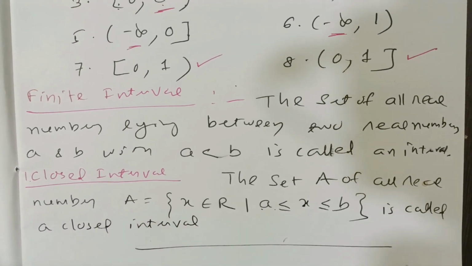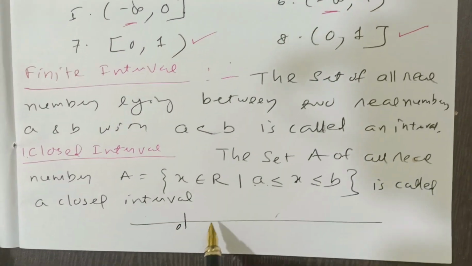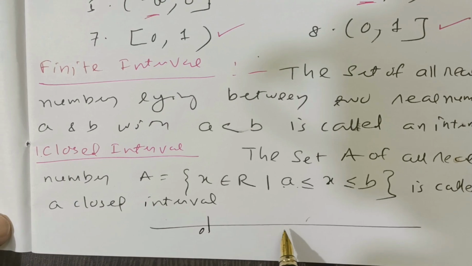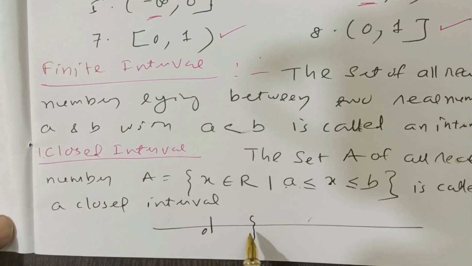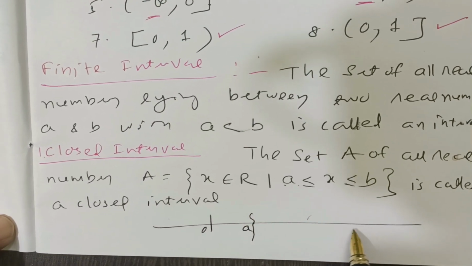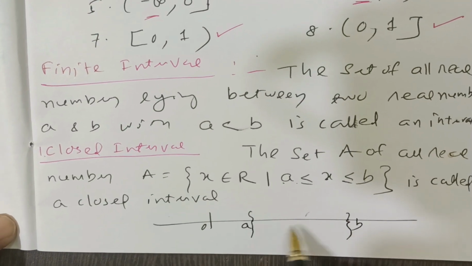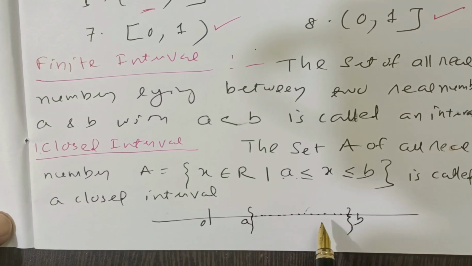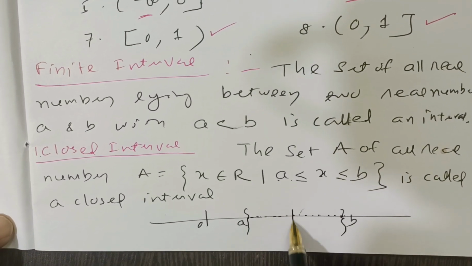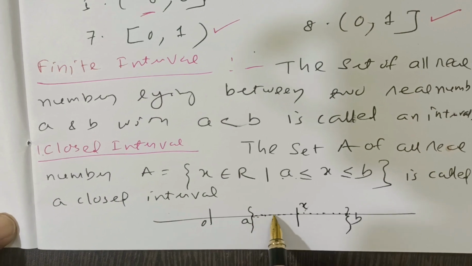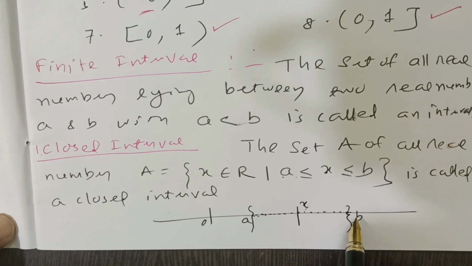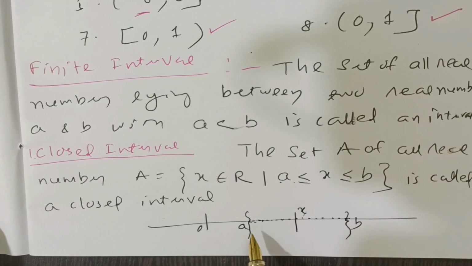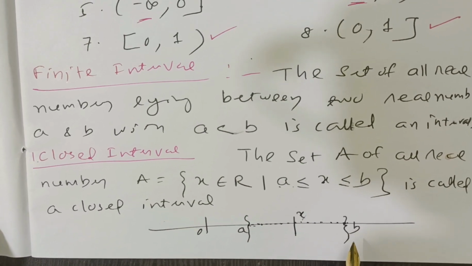And this is on the real number line, friends. This is 0 and this is the real line. If this is point A and this is point B, then there are infinitely many real numbers in between A and B, and this x may be anywhere inside A and B, and therefore it is the collection of all the real numbers present in between A and B.